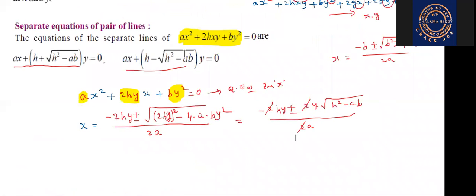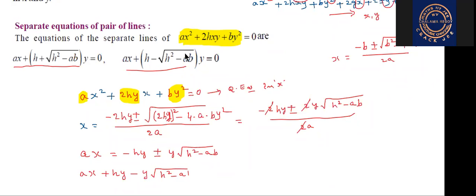Remaining, take cross multiplication. We get ax is equal to minus hy plus or minus y into under root h square minus ab. Take the positive ones, the negative ones, and send those values to the left hand side. Minus hy sent to the left hand side becomes plus hy. Take positive, send to the left hand side, it is going to be negative. We get h square minus ab is equal to 0.